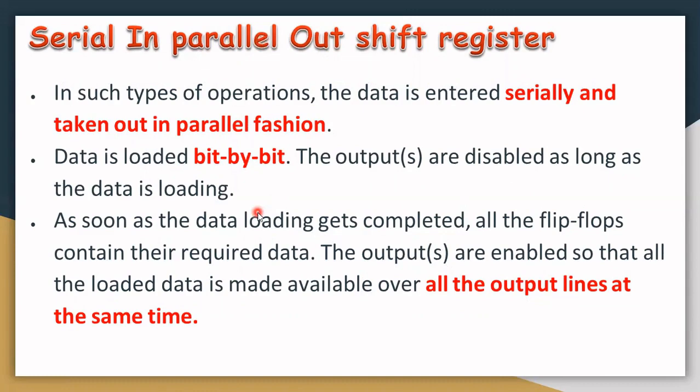As soon as the data loading is completed, all the flip-flops contain their required data, and the outputs are enabled so that all the loaded data is made available over all the output lines at the same time. Therefore, it is called parallel out.